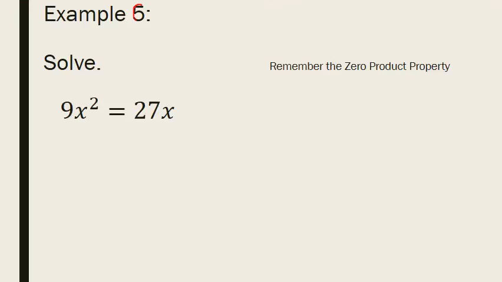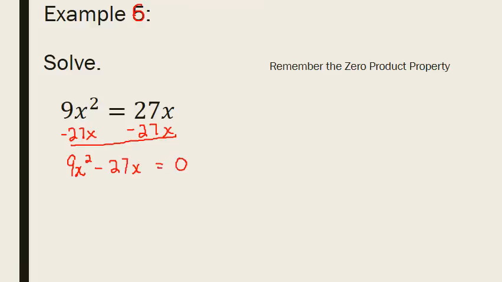This should say example 6 there. So notice on the previous one we had it set equal to 0. Well, we're going to need to do the same thing here. Set this equal to 0. So in order to set it equal to 0, I'm going to subtract 27x from both sides. And notice that these are not like terms, so that just gives us 9x squared minus 27x equals 0.